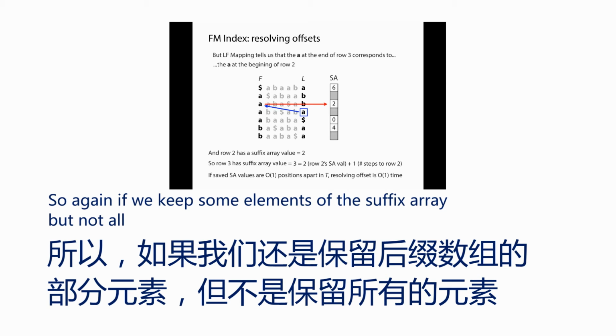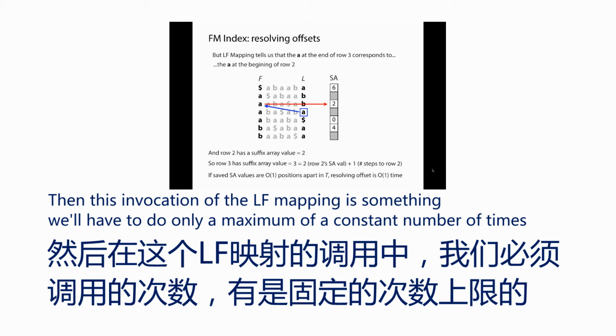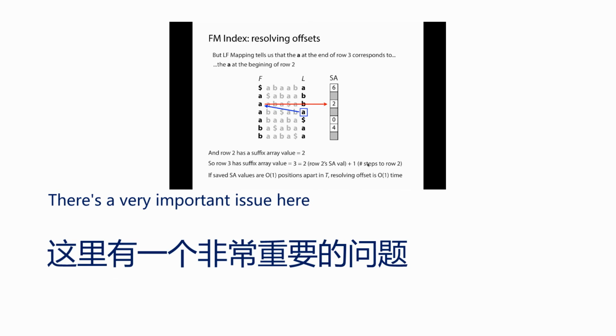So again, if we keep some elements of the suffix array but not all, but the elements that we keep in the suffix array are spaced a constant distance apart, then this invocation of the LF mapping is something we'll have to do only a maximum of a constant number of times.